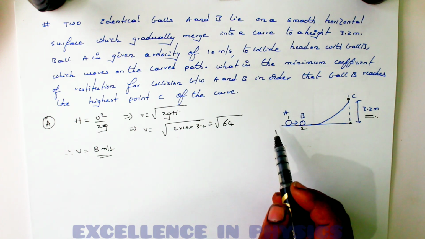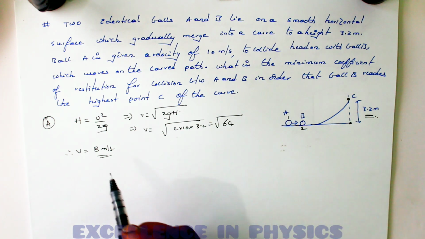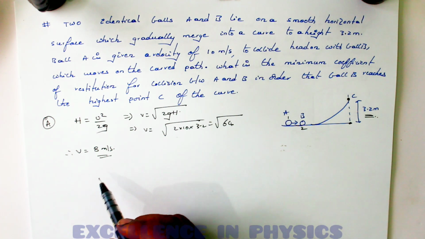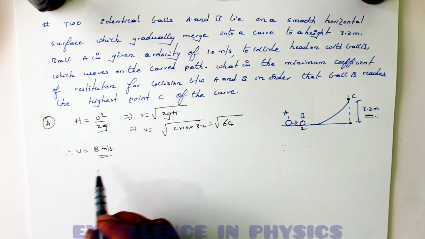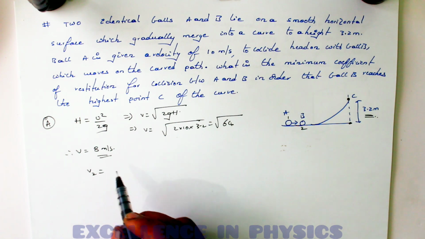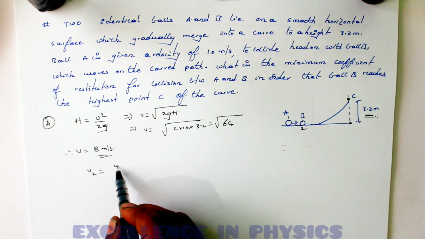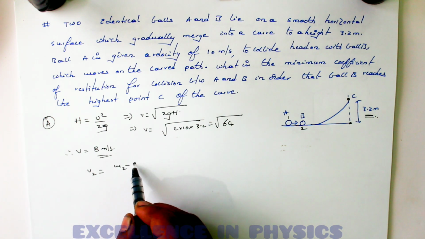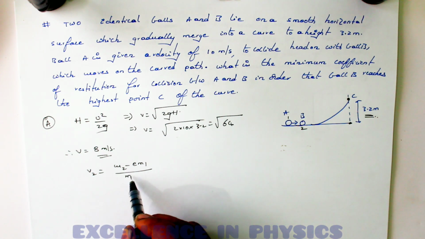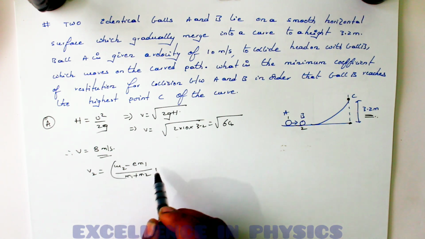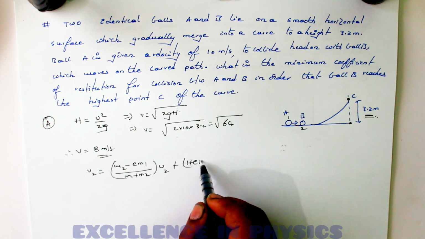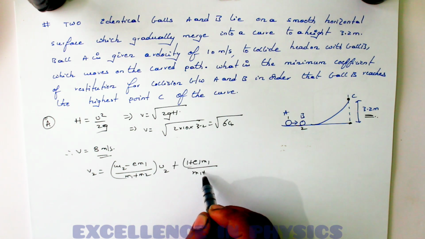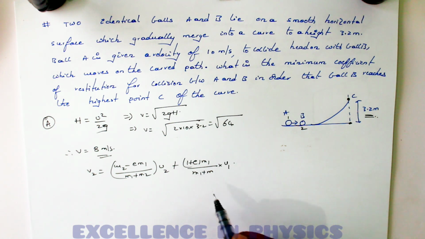And because this is an inelastic collision, we have already calculated equations for the final velocity of the first ball and second ball after collision. So V2 can be written as (m2 minus e m1) divided by (m1 plus m2) into u2, plus (1 plus e) into m1 divided by (m1 plus m2) into u1.